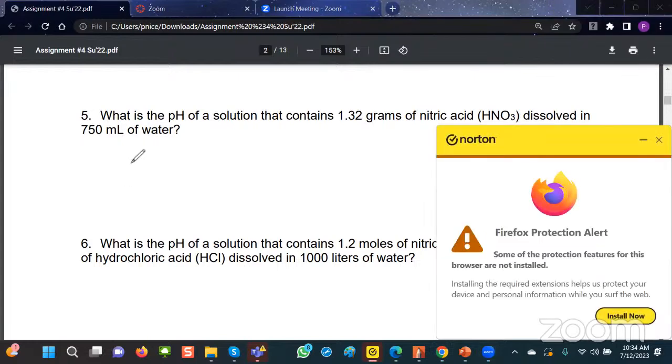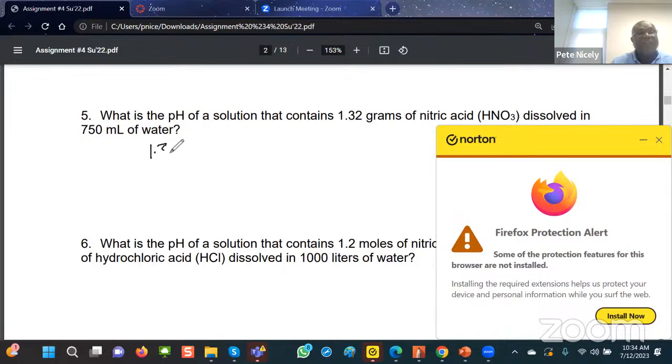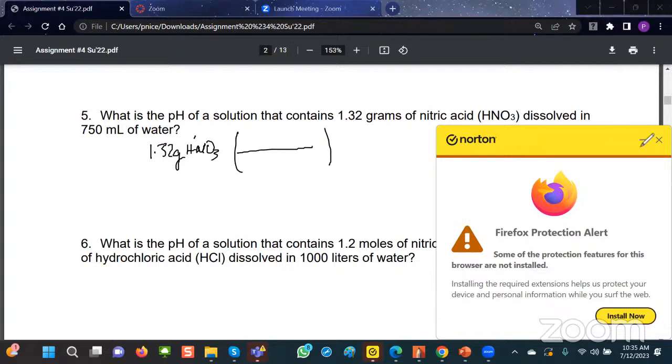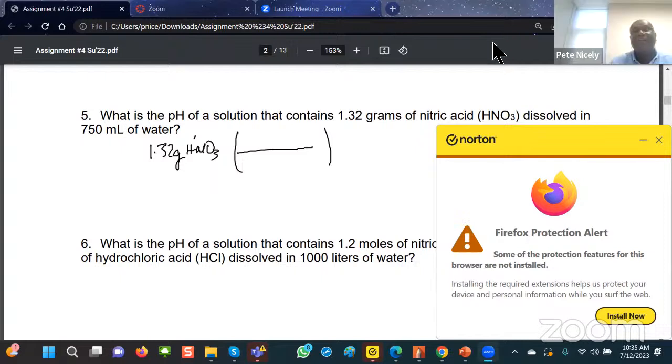You need to get the grams of nitric acid into moles of nitric acid. So 1.32 grams of nitric acid, HNO3. We convert that to moles. How do we do that? You use the molar mass. Yep.